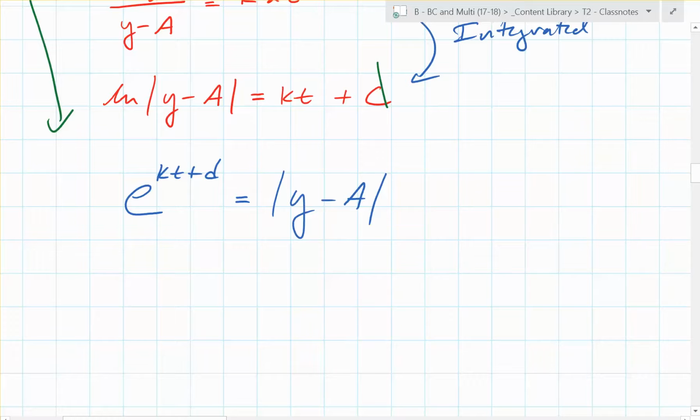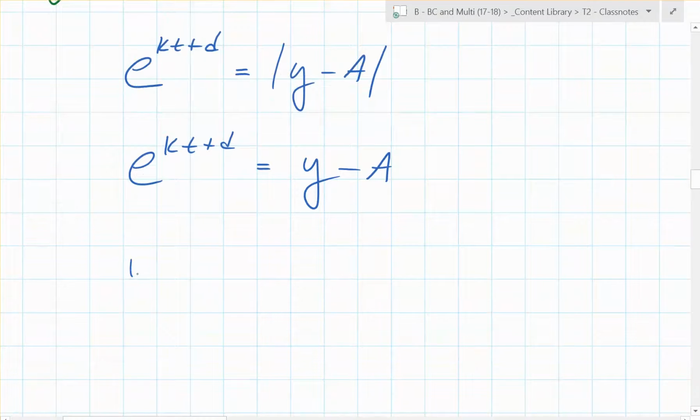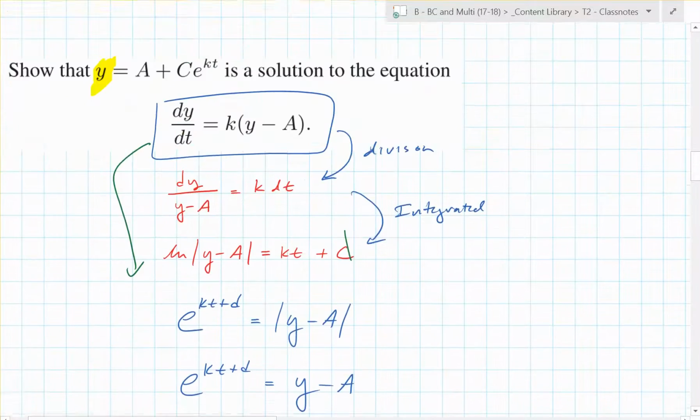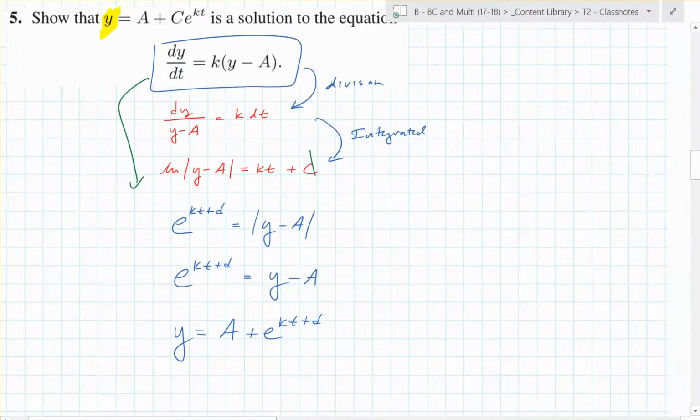Well, here's the thing. e to the kt is always positive. So we know e to the kt plus d is equal to y minus a. So y is equal to e to the kt plus d. Exactly. Nice. And then can we take out the d?